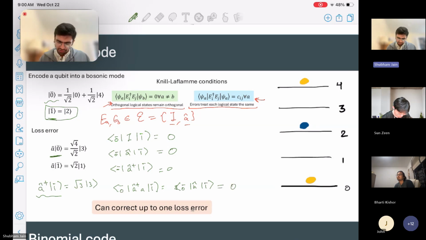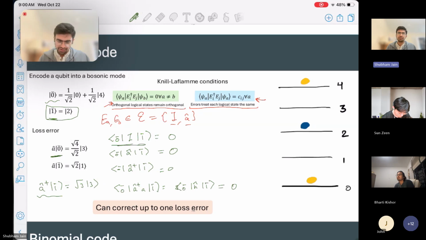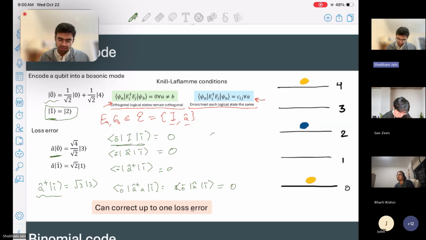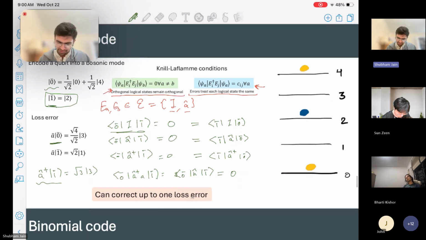So this overlap is also going to be 0 for the same reason that this condition was 0. So we see that all of these, oh yeah, and the conditions of this form are just complex conjugates of the other guys. So this is also automatically 0. So all of these off-diagonal conditions are satisfied, all of these off-diagonal Lindblad conditions.